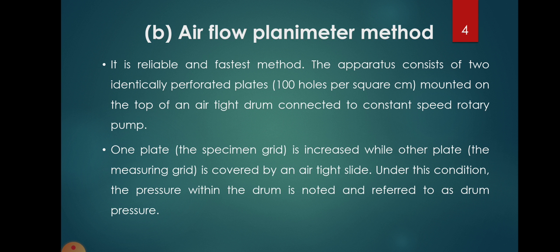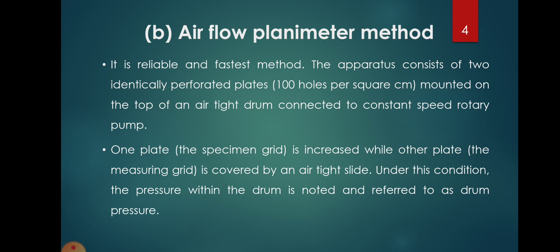The function of this pump is to provide pressure. One plate out of these two, the specimen grid on which we place the sample or leaf of which surface area is to be determined, is closed, while the other plate, the measuring grid, is covered by an airtight slide.